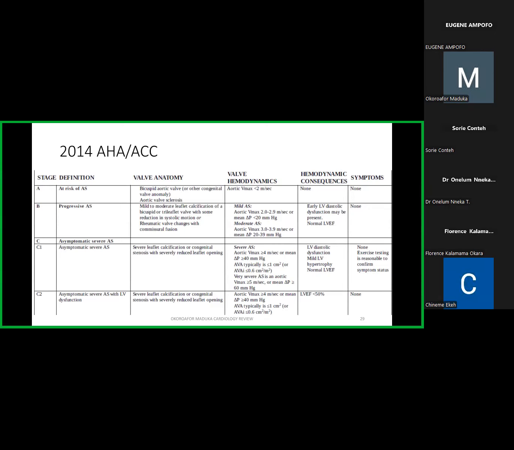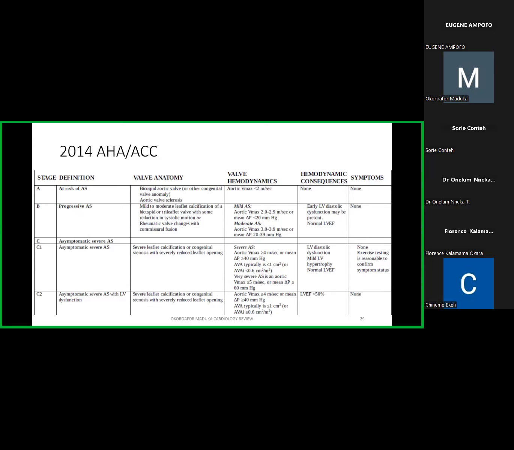They do not have symptoms of aortic stenosis, and the valve hemodynamics you discover are those suggestive of severe aortic stenosis. However, for the C2, you find that the ejection fraction is reduced. So that's the difference between the C1 and C2 when you're looking at a patient that has asymptomatic severe aortic stenosis.